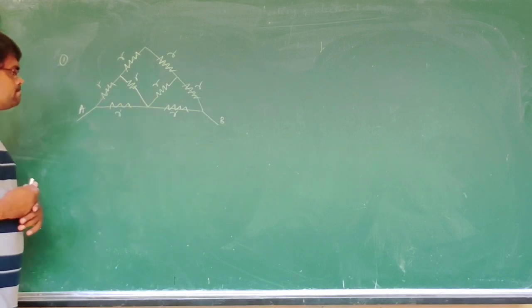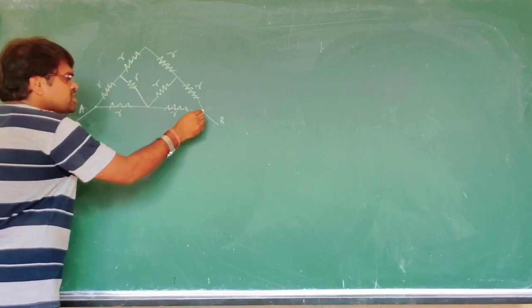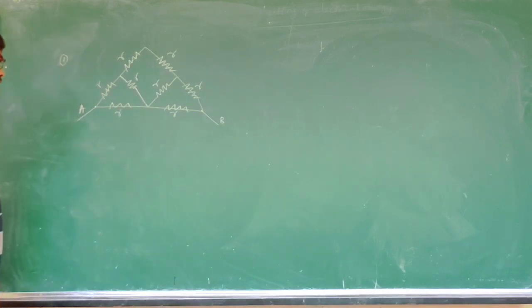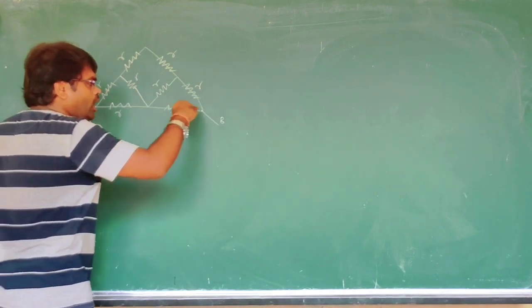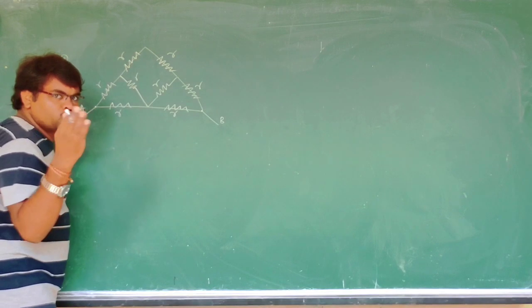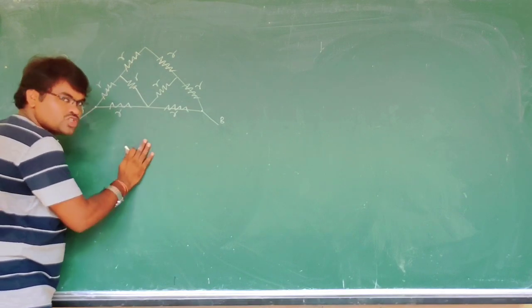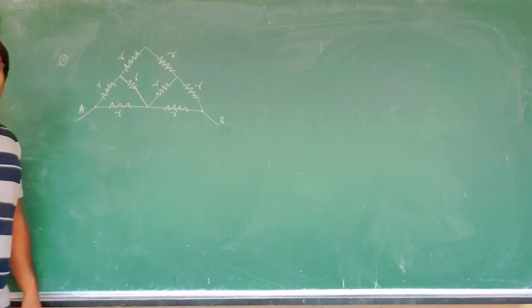Now, which one is it, folding symmetry or mirror symmetry? Folding symmetry along the line AB? Down there is no circuit. That's why we can never apply the folding symmetry.